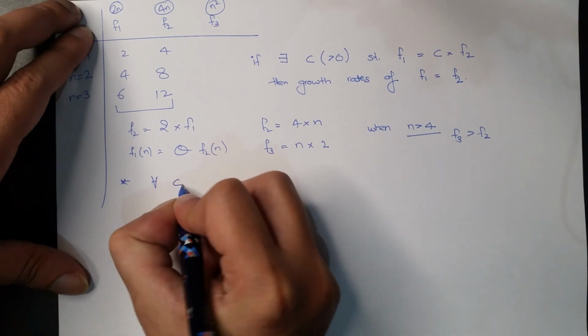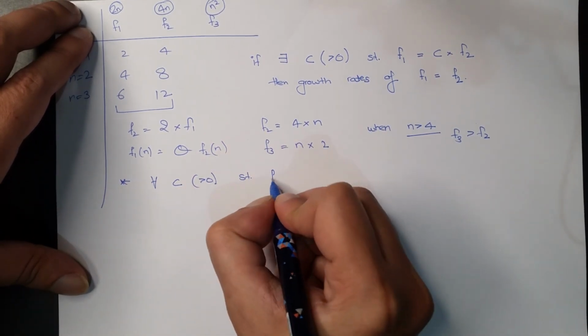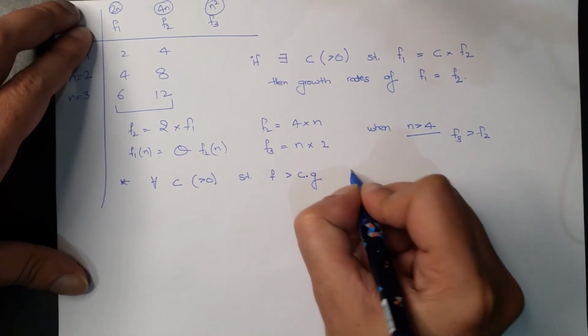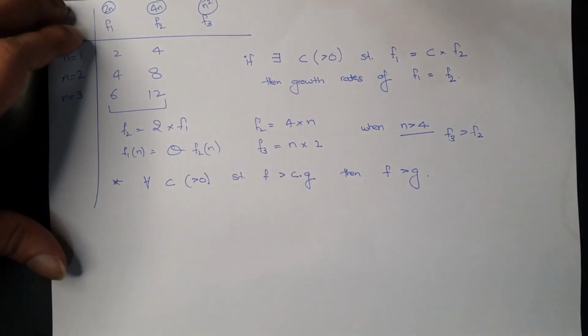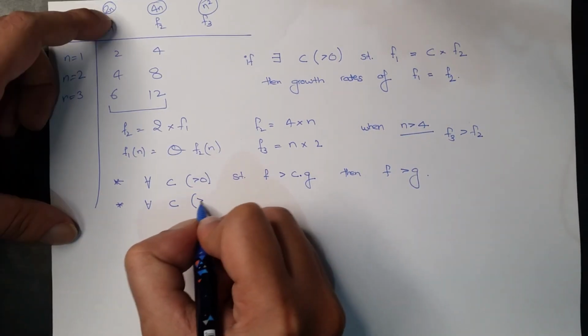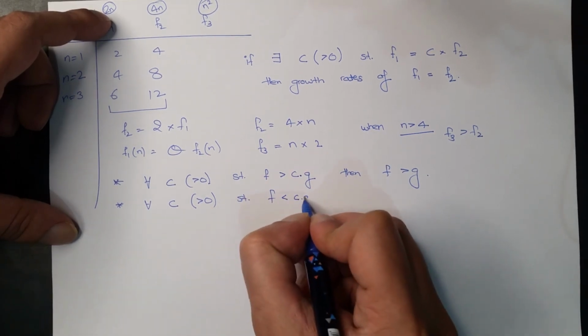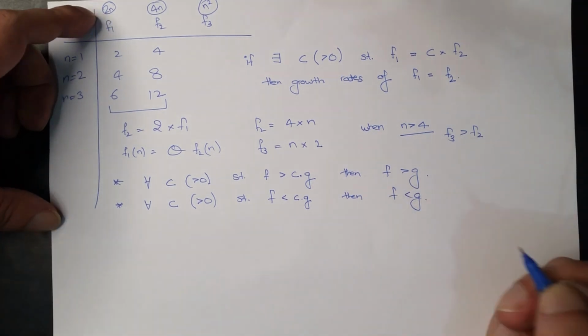For every c greater than 0 such that f is greater than c dot g, then we can say that f is greater than g. For every c greater than 0 such that f is less than c dot g, then f is less than g.